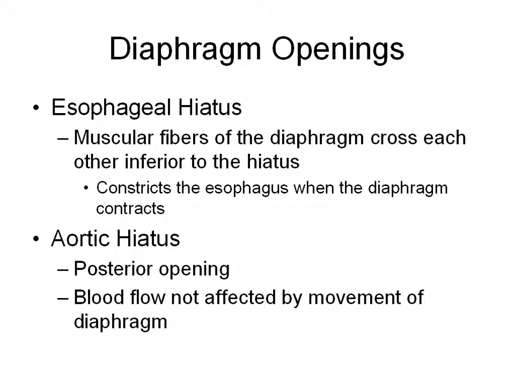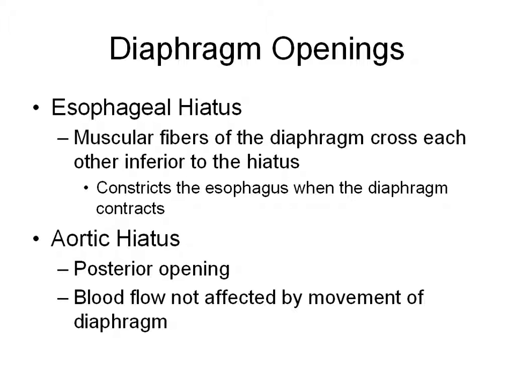Every time you swallow, you have to stop breathing for a minute, because when you inhale, it will constrict the esophagus because the diaphragm will be contracting. So again, just another in a long line of mechanisms to make sure you don't eat and breathe at the same time.